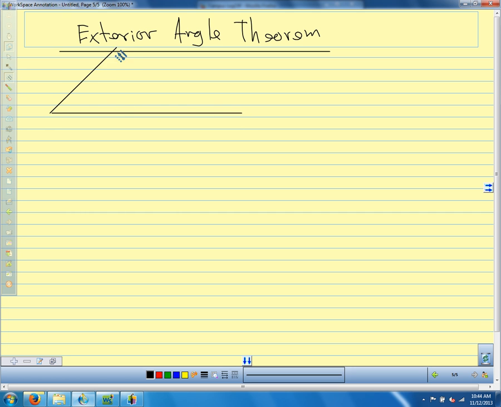So I have a triangle. For this theorem, we have a triangle drawn on a line here. And I'm going to call this 1, 2, 3, and 4. So we call angle 4 an exterior angle. And we call it an exterior angle because it's outside of the triangle.